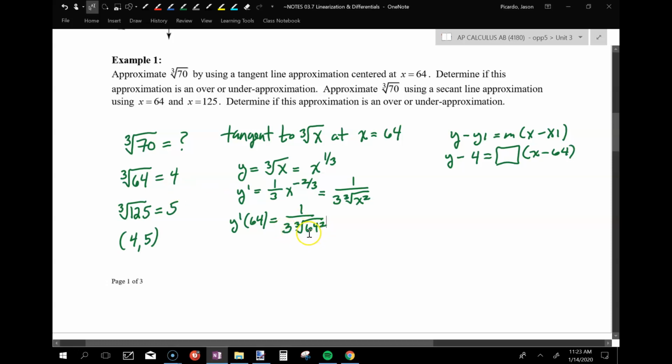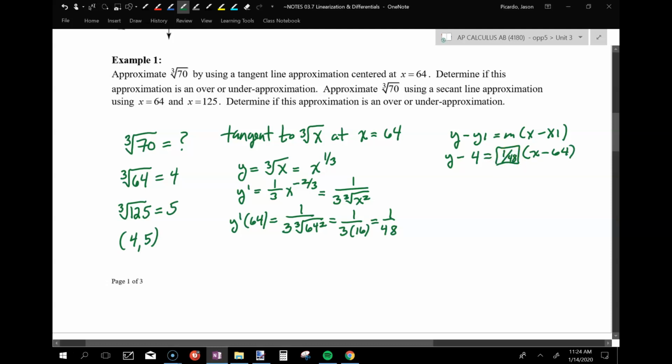So the 4 and the 4 is going to wind up giving me 1 over 3 times 16, or 1 over 48. And that's my slope.